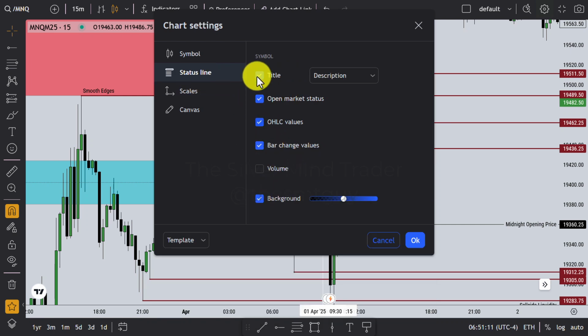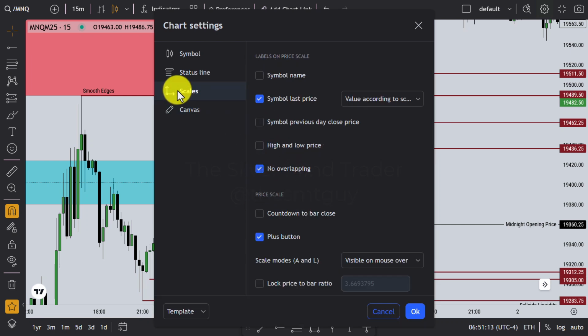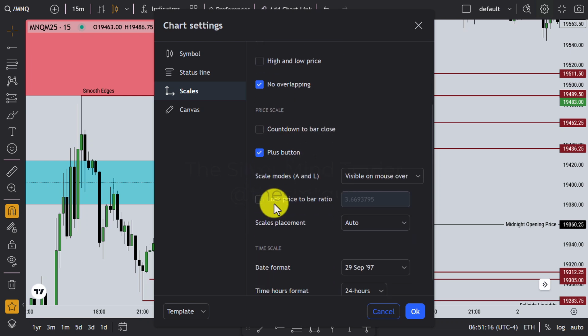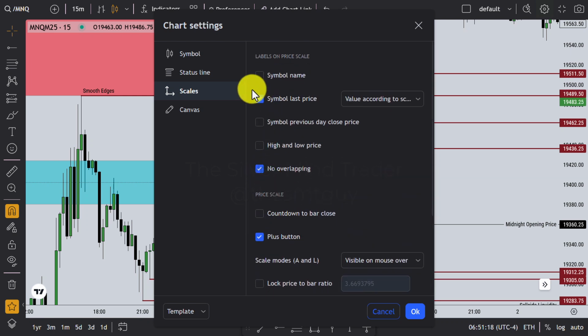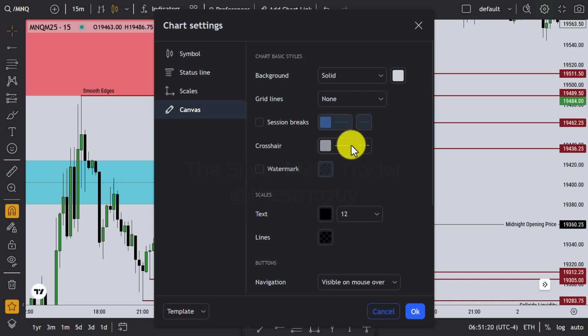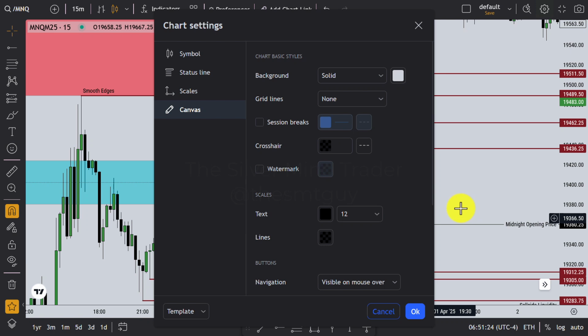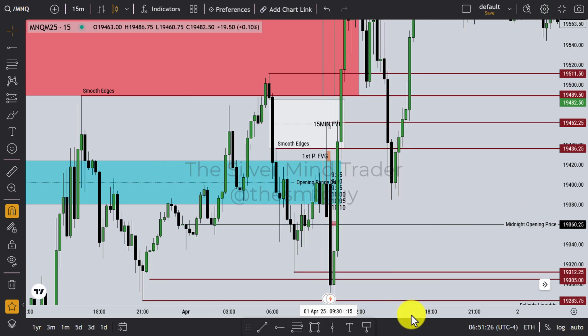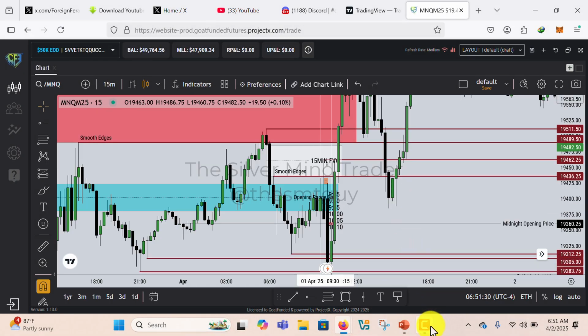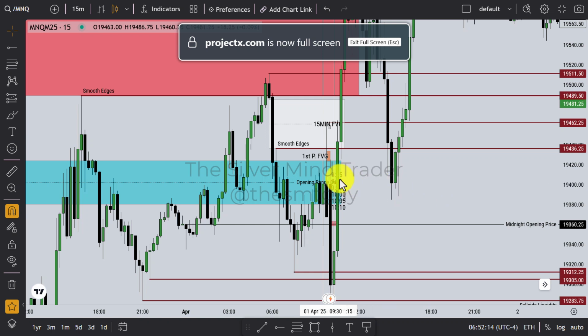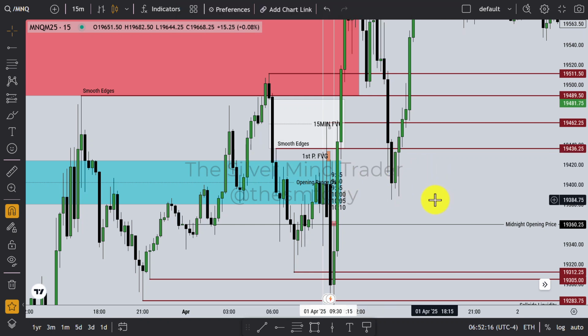Sorry, how do I get this? I'm trying to get this crosshair out of my chart. Okay, now. Sorry, I had to pause the recording for a moment.